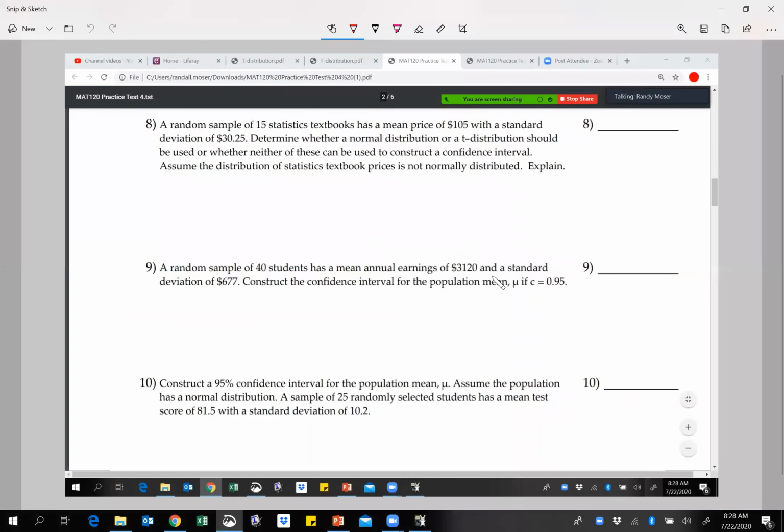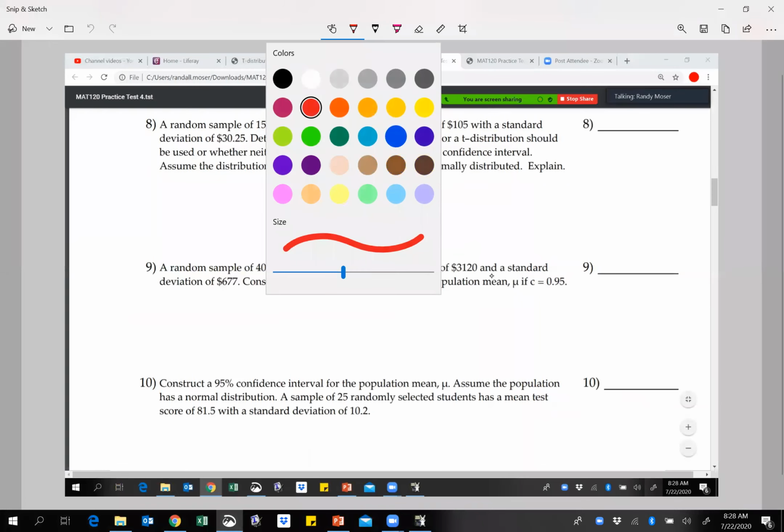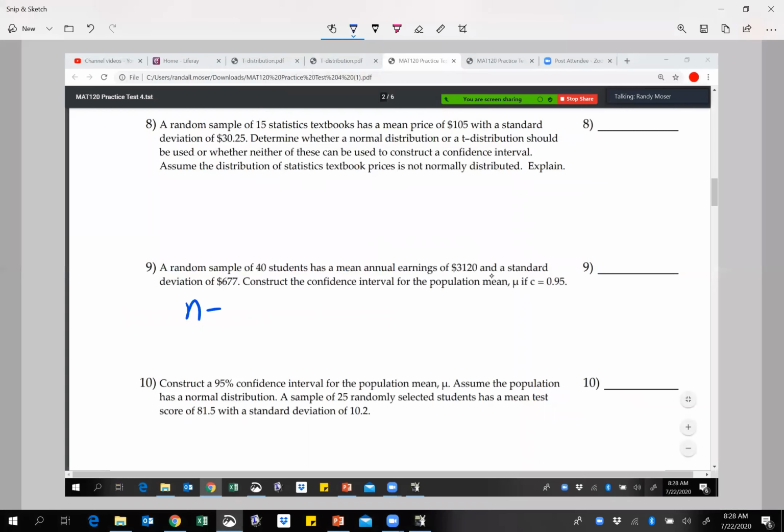So in 9, they say we have a random sample of size 40, so n is going to be equal to 40. They say the mean of this sample is 3,120 and has a standard deviation of 677.